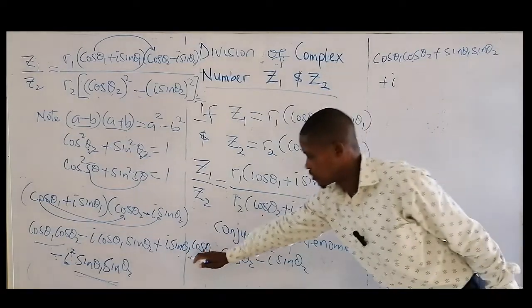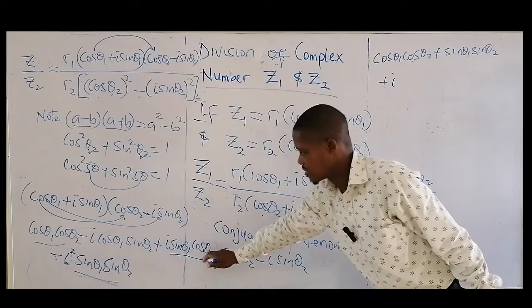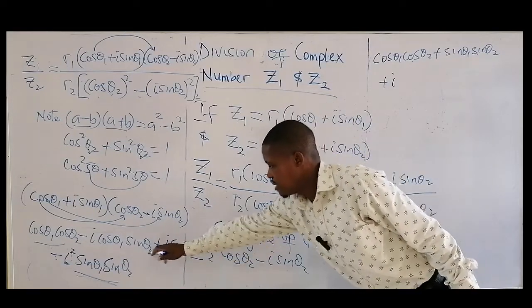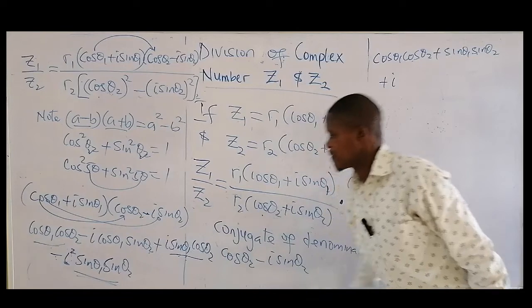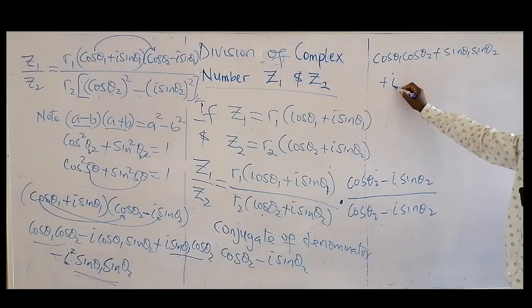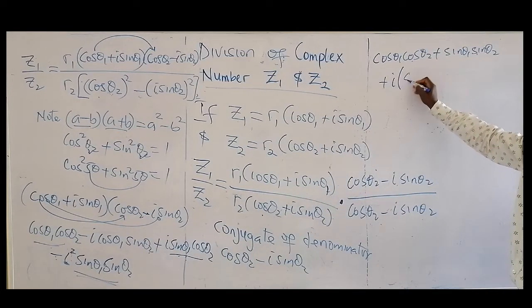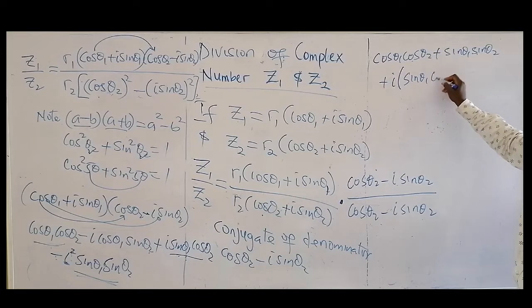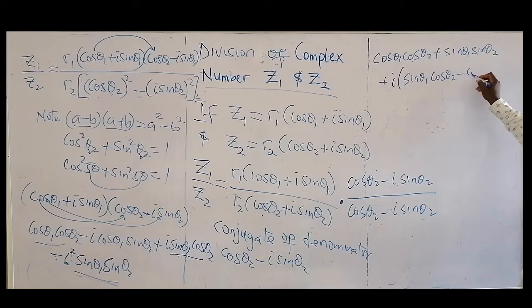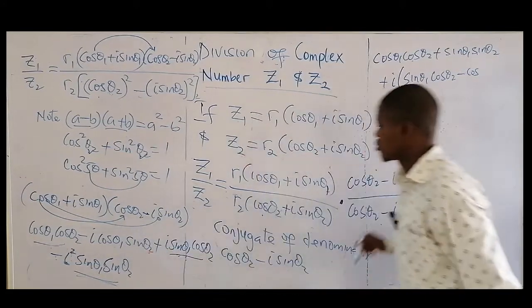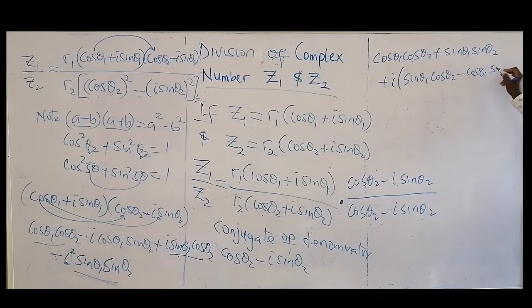Let's write the positive first and factorize the i outside: i times sine theta 1 cos theta 2, followed by minus cos theta 1 sine theta 2. Close that. So that's what we have now.